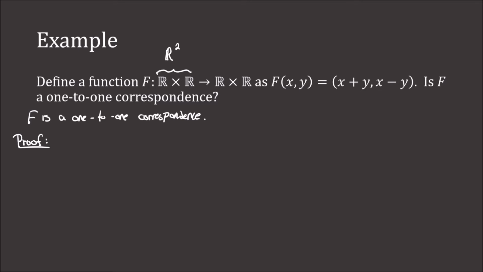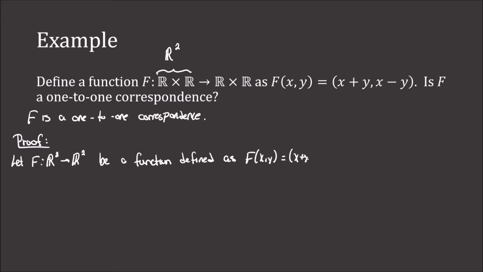So for the formal proof, we're going to say let f be a function from R squared to R squared defined as f of x, y equals x plus y, x minus y.